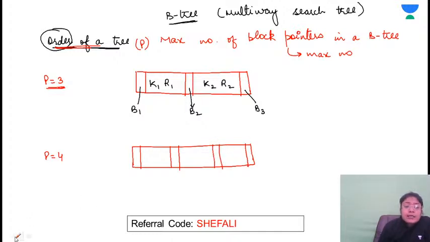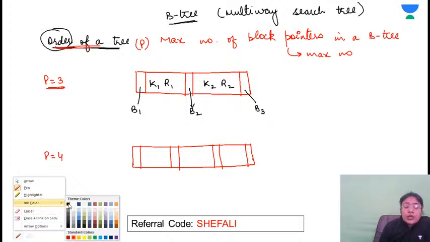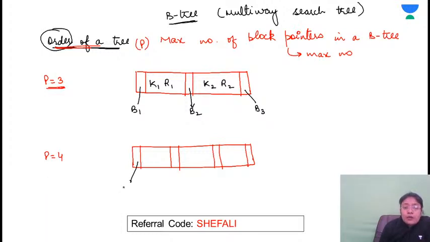It points to block 1, block 2, block 3, block 4. Key 1, record pointer 1, key 2, record pointer 2, key 3 and record pointer 3.